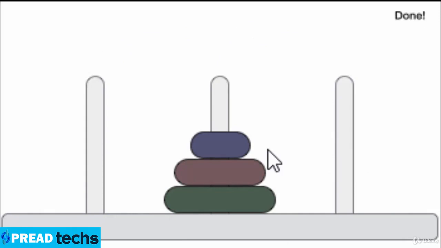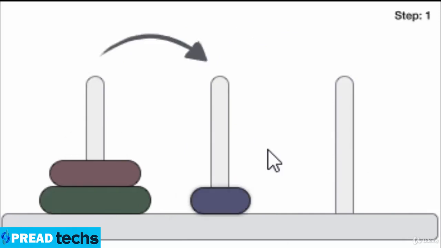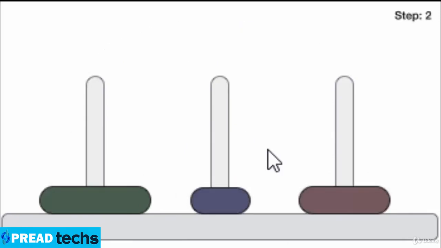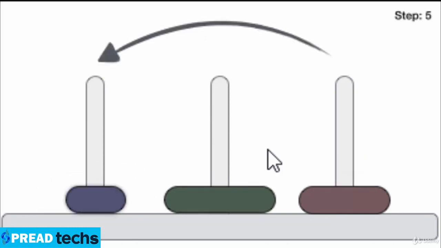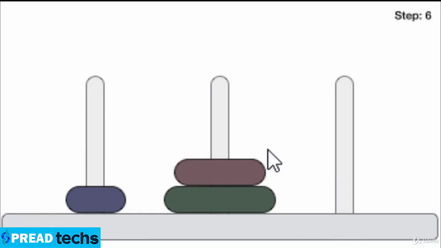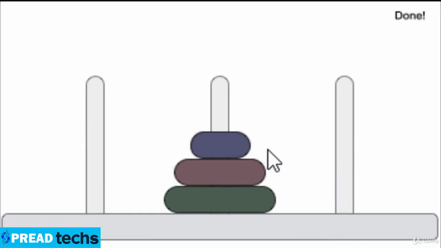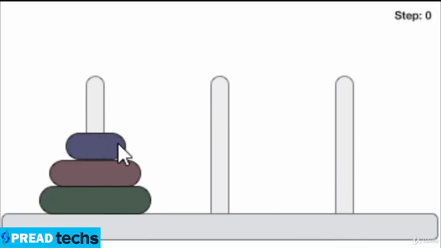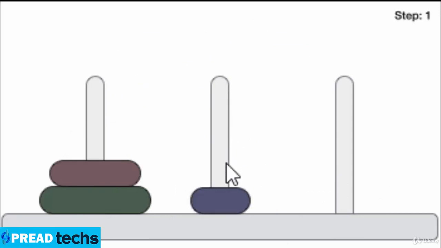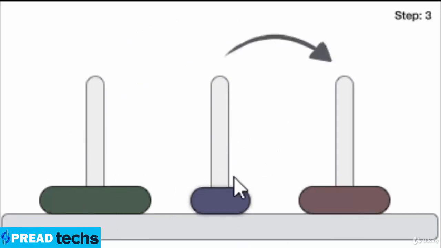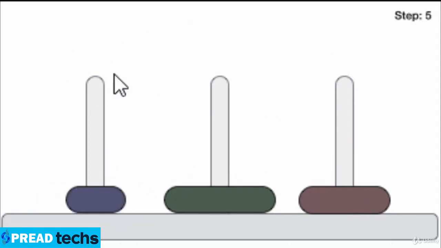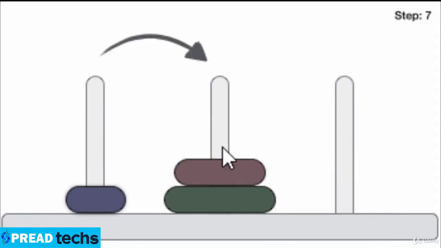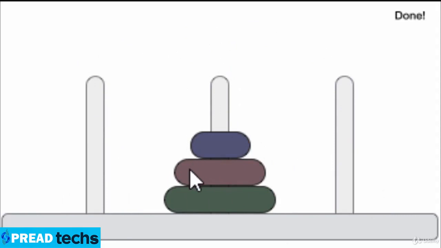No disk may be placed on top of a smaller disk. Here you can see we have the 3-step Tower of Hanoi. This is our source, this is our destination, and this is auxiliary. So we are moving this tower from source to destination. This is the process.